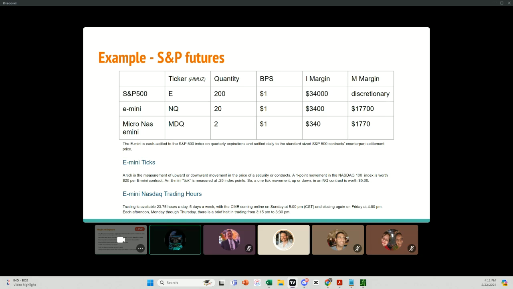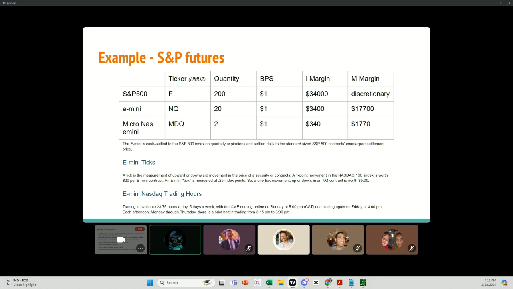A tick is, as I said, how you can measure things, and it's sometimes called a basis point as well. You can call it either thing. Most of the financial institutions will talk about basis points.